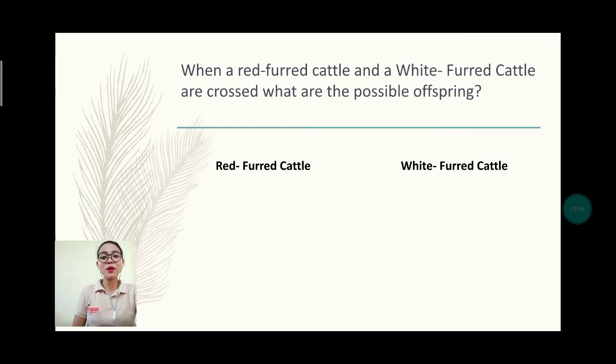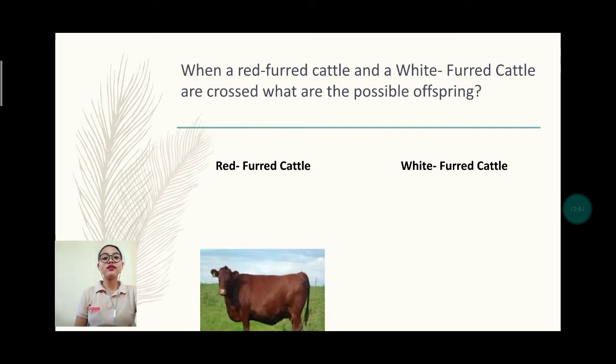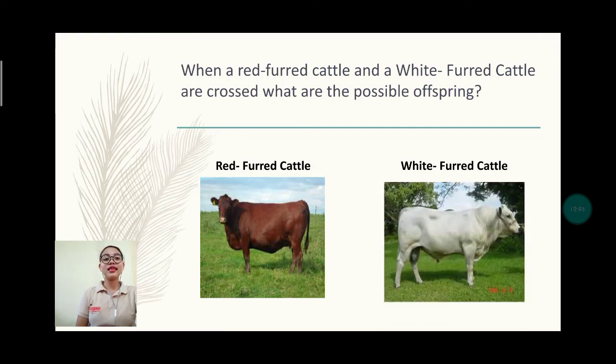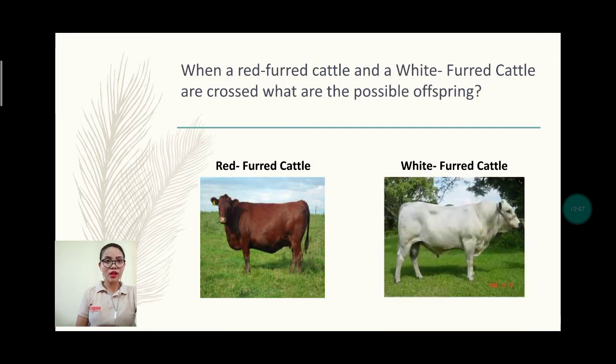Next sample problem that we're going to solve is: when a red-furred cattle and a white-furred cattle are crossed, what are the possible offspring? So same with what we do on the problem that we encountered on incomplete dominance, we are going to use Punnett square.